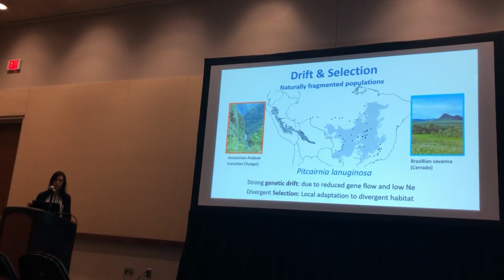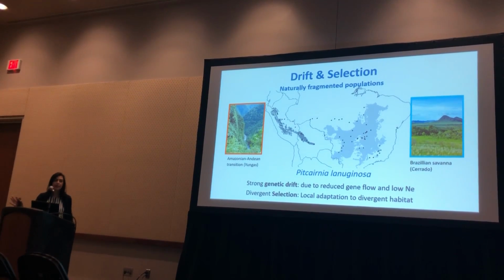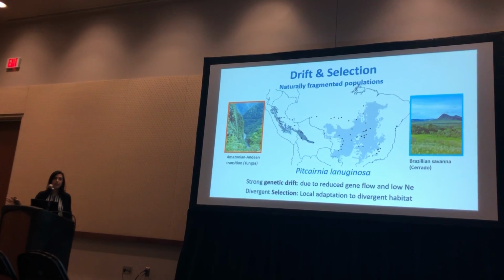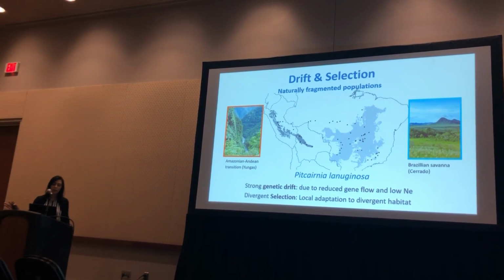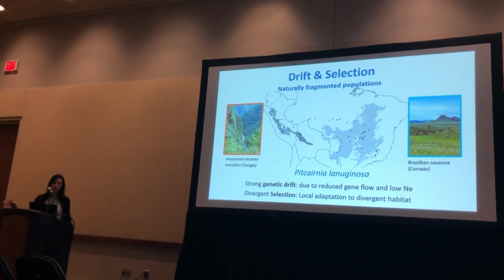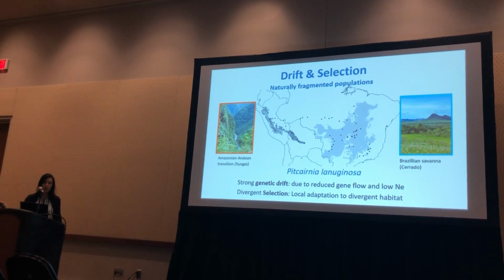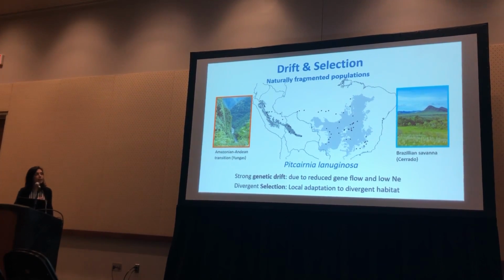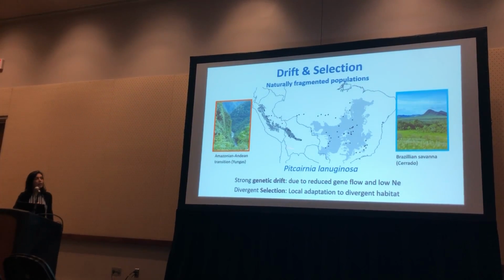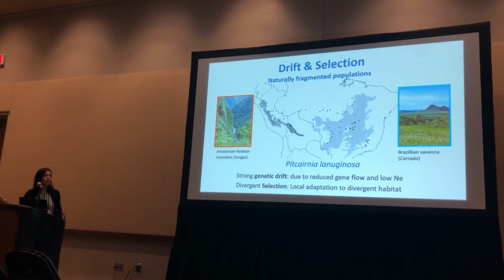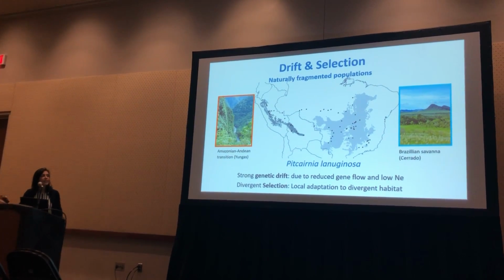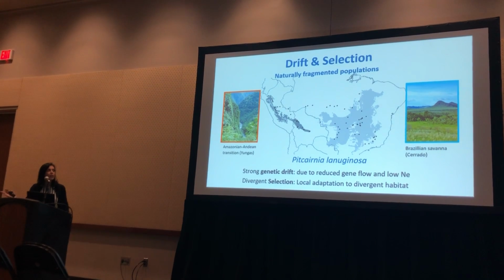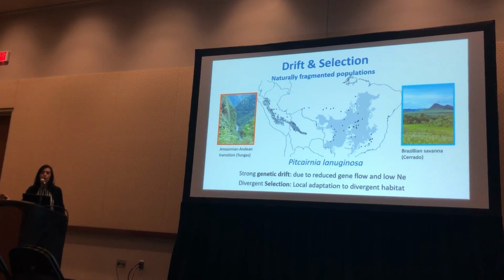For doing that, today we brought a piece of the studies we have done in my lab. We want to understand here the interaction between drift and natural selection in a naturally fragmented population of Pitcairnia lanuginosa. Pitcairnia lanuginosa is continentally distributed in two different biomes in South America: one is the Cerrado, the savanna biome, and the other is the Yungas, the Amazonian Andean transition biome, a very humid umbrophilous forest.